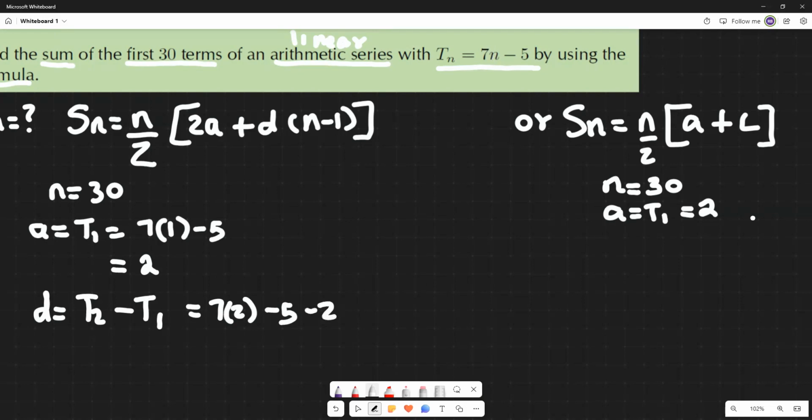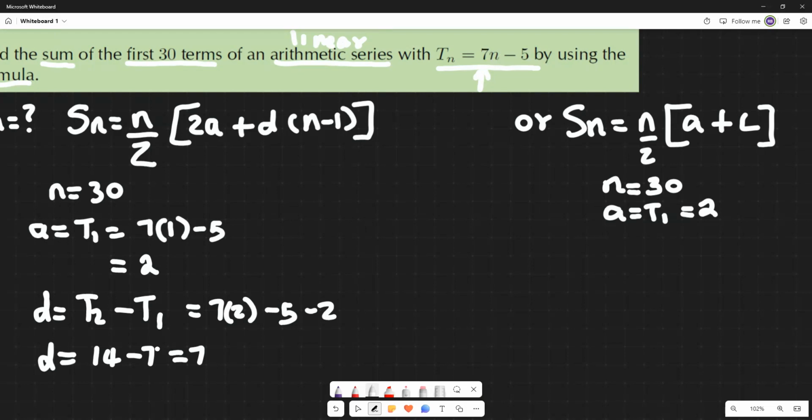So d = 14 - 7, which is 7. In simple terms, the coefficient of n is your d, which is 7. If you're not sure, always do T2 minus T1, or T3 minus T2, or T4 minus T3.